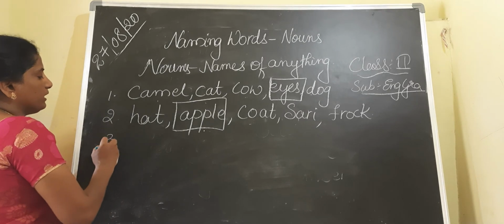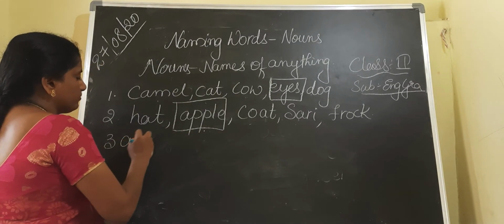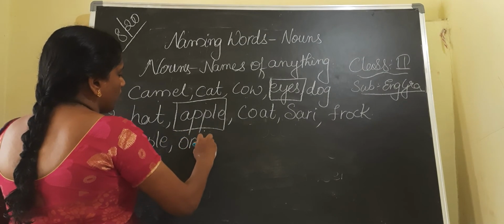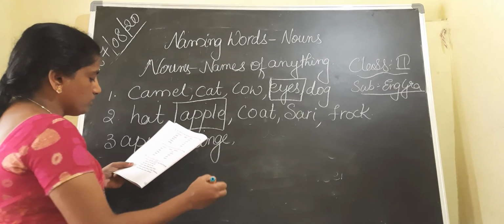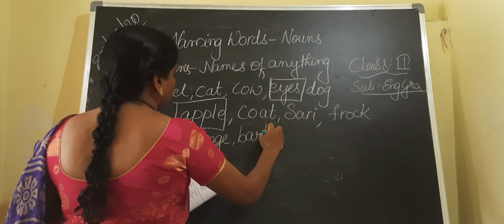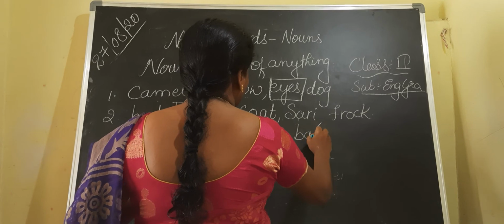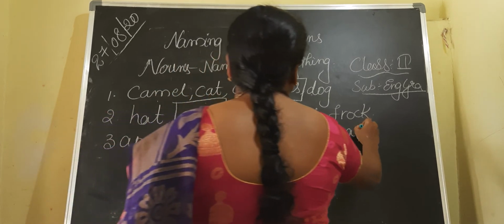Now coming to the third one, what have they given us? Apple, orange, barber, banana, mango.